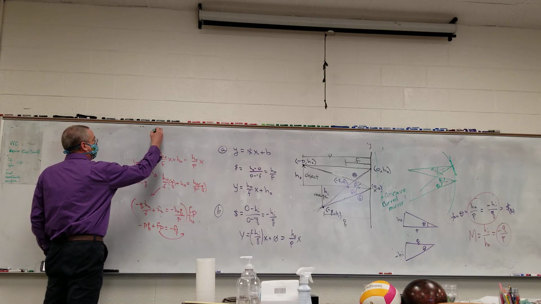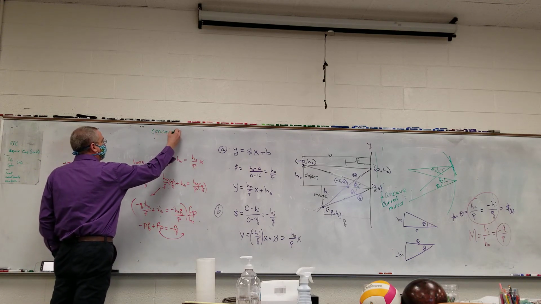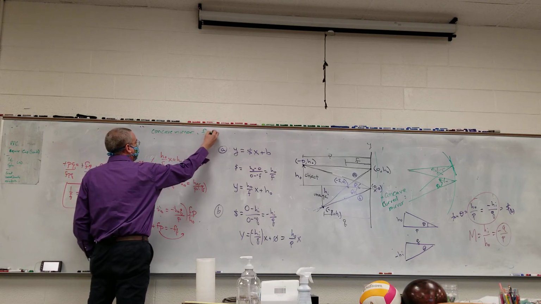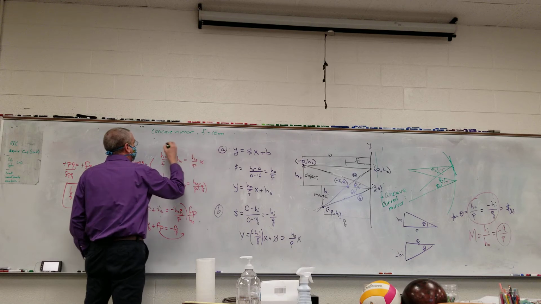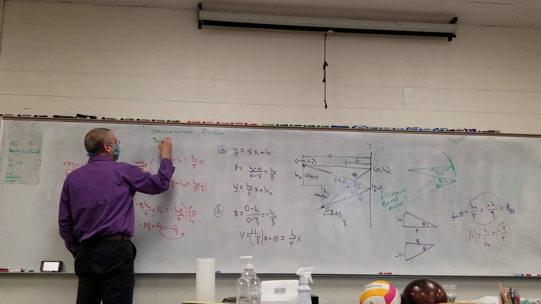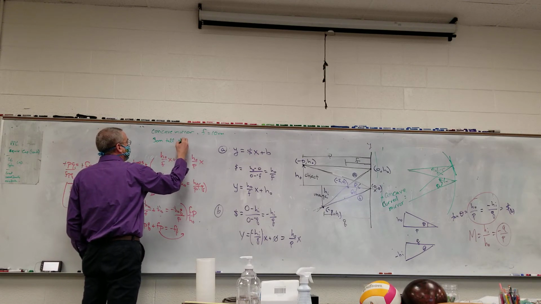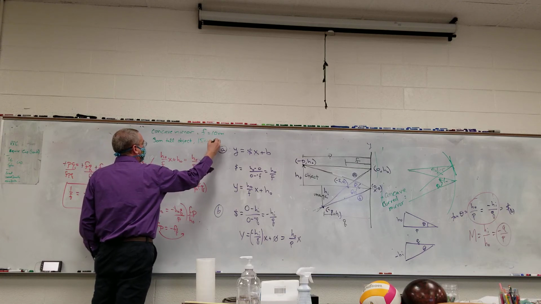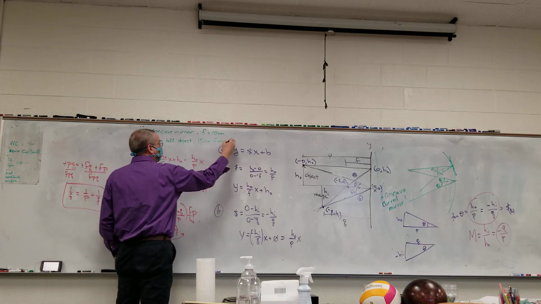So if I have a concave mirror, focal length equal to 10 centimeters, and I have a 3 centimeter tall object, 15 centimeters from the mirror.